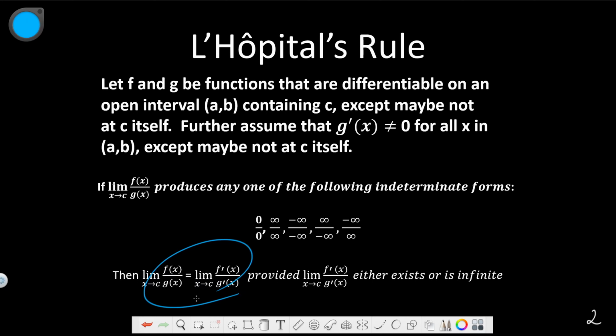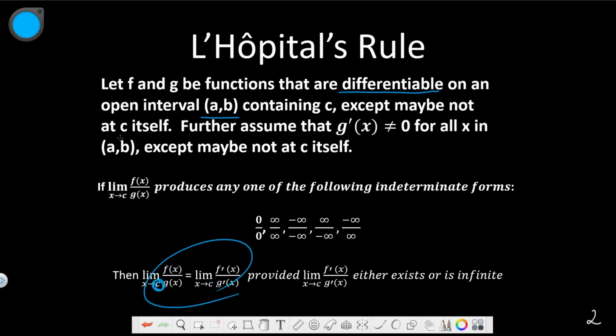Let's move back up towards the top of this page and unpack the requirements in order to use this rule. Let f and g be functions that are differentiable on an open interval a to b. We're going to be looking at a point c, and at an open interval around this point.